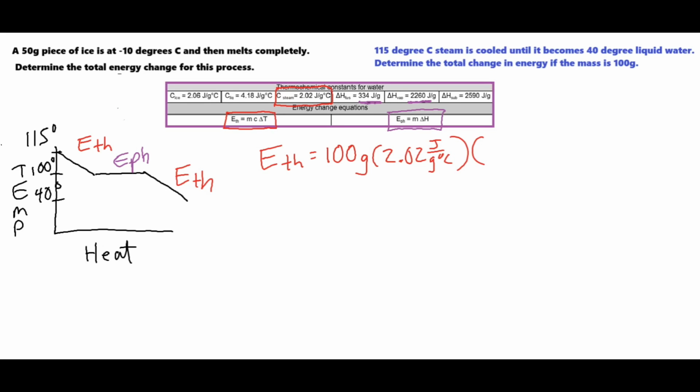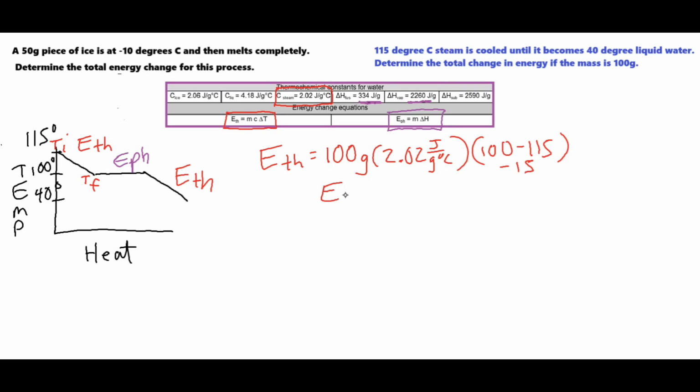And then the ending temperature is right over here, and the starting was up here. So it's always final minus initial. And if you see, 100 minus 115 is going to give us negative 15, which is good because we do want a negative value for our ETH, showing that heat is being released into the system or the surroundings.